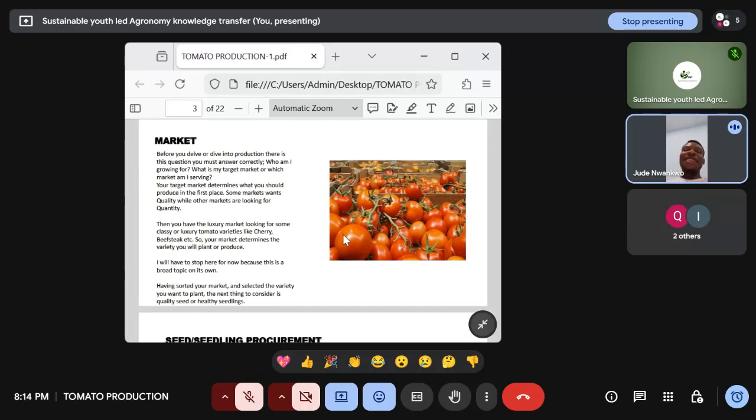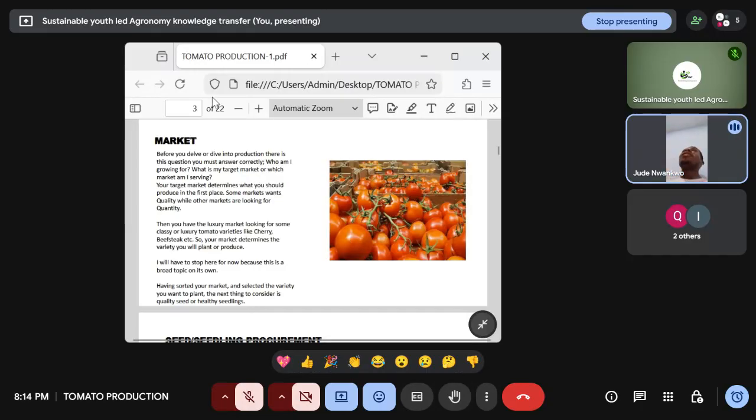Some of us might be wondering why the market is the first topic on the slide. The reason is this. One thing we need to know is not just about tomato production, but production generally, that is, being a farmer. The market is a very crucial part of the whole farming journey, or the production cycle.